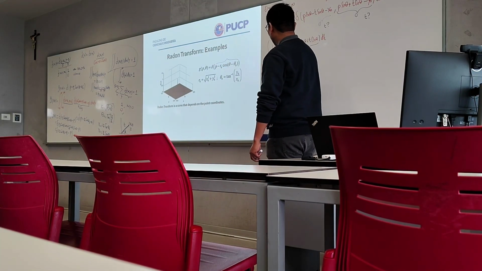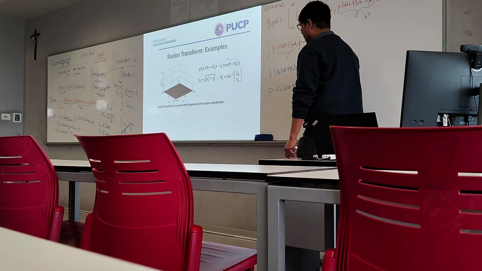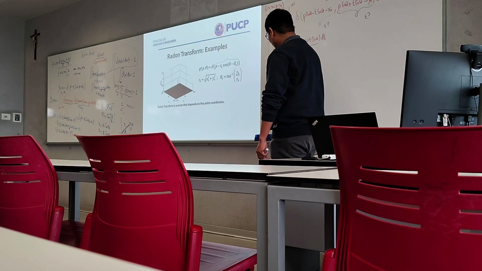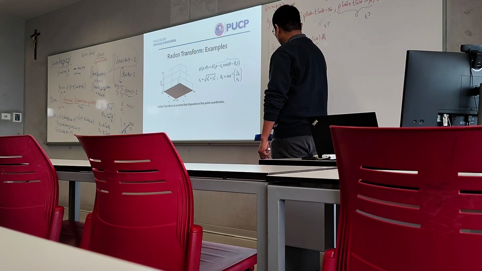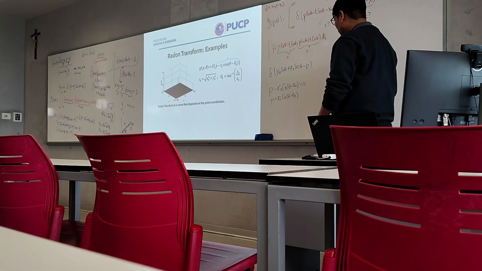And that term will be zero when r minus r0 cosine theta minus theta 0 equals 0. So in other words, when t equals r0 cosine theta minus theta 0. Okay.